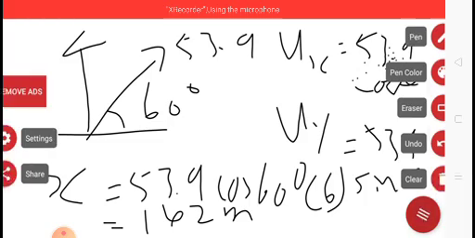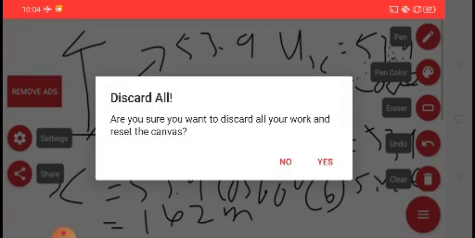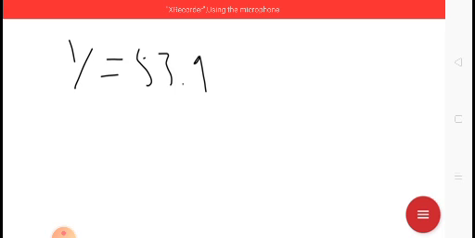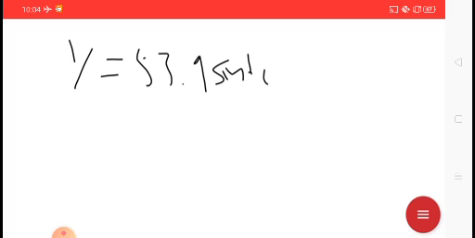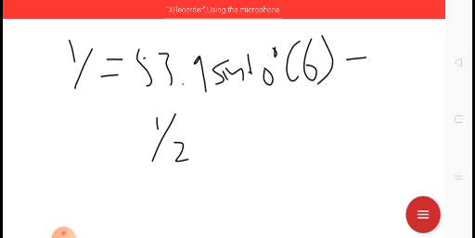Okay, now go to part B, the vertical displacement of the ball after 6 seconds. For the vertical, it will be y. y equals ut, u is 53.9 sin 60, t is 6, minus half a, with g as 10.